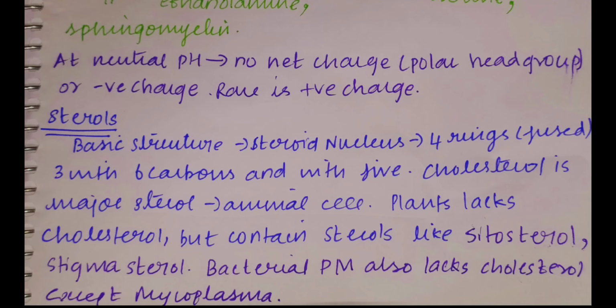One of the major sterols present is cholesterol, which is found in the plasma membrane of animal cells. The plasma membrane of plants lacks cholesterol, but instead they have other types of sterols like stigmasterol and sitosterol. Even bacterial cells lack cholesterol, except mycoplasma.